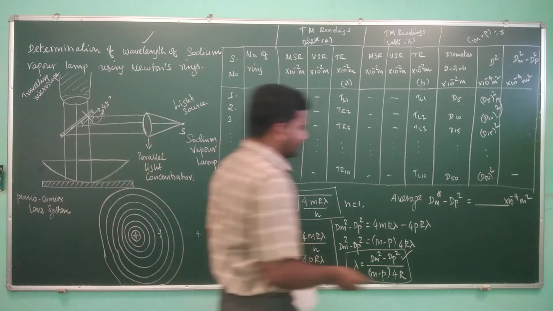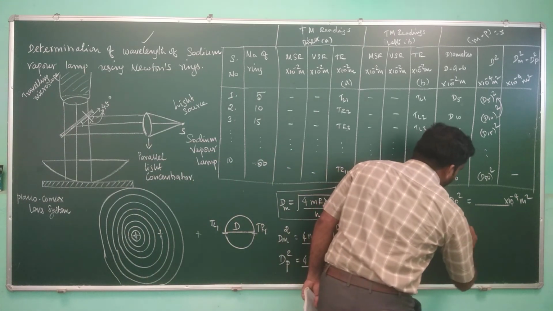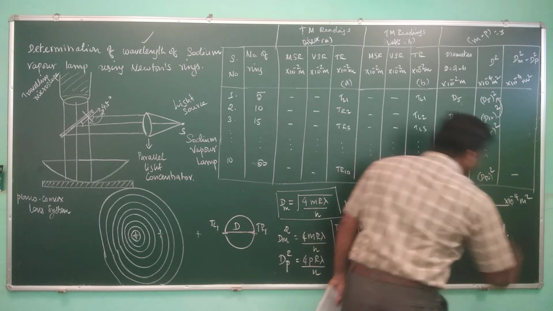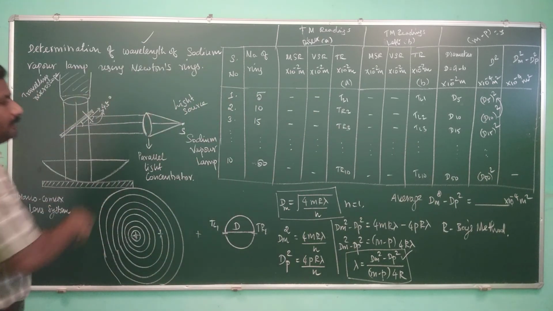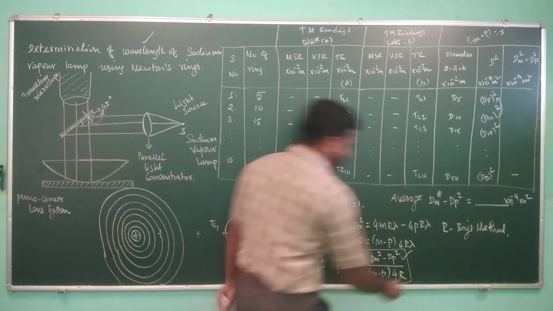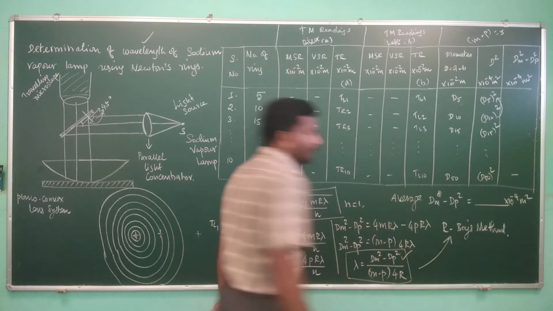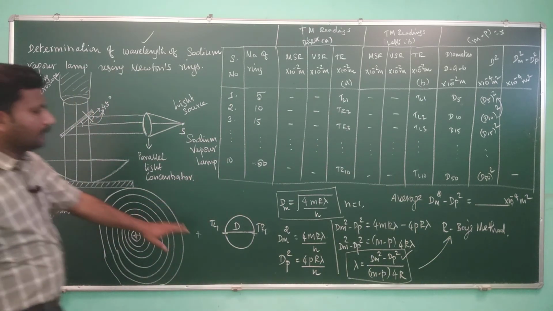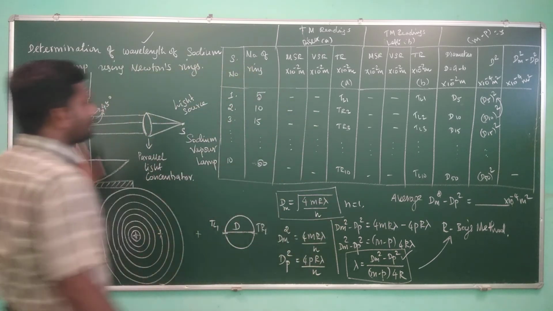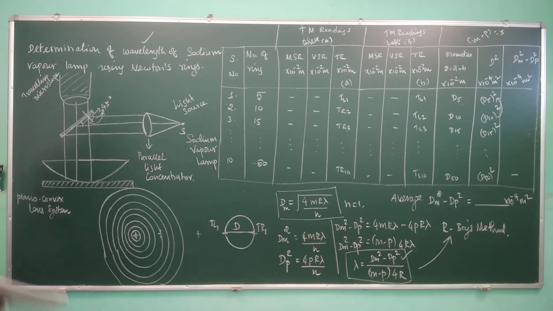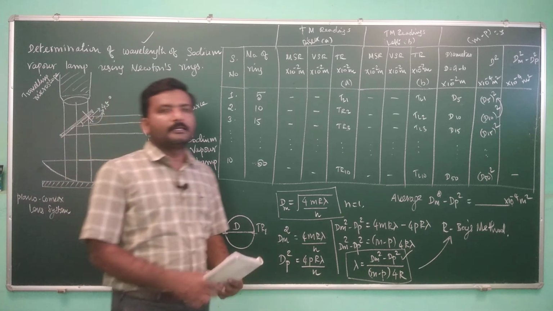This radius R can be calculated using Boy's method. That will be another topic of discussion, which we are not going to discuss now, but assume that R is given. So now we can calculate lambda using the procedure we have just explained. So this is the method of determination of the wavelength of a sodium vapor lamp using Newton's rings.